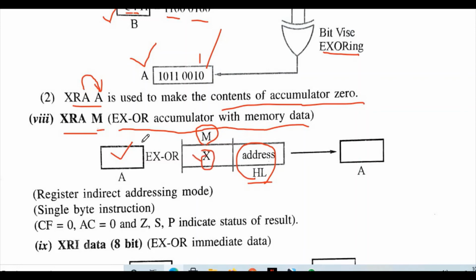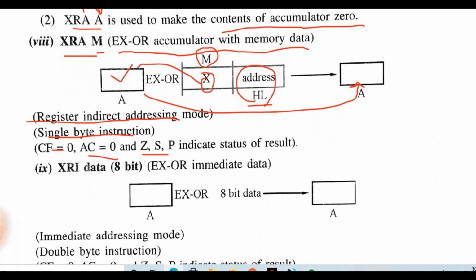Similar to the previous, this is XRI 8-bit data. As I have already told you, if there is an I, it means immediate addressing mode, and in immediate addressing mode the second part is always the data given along with the instruction. This is the 8-bit data.